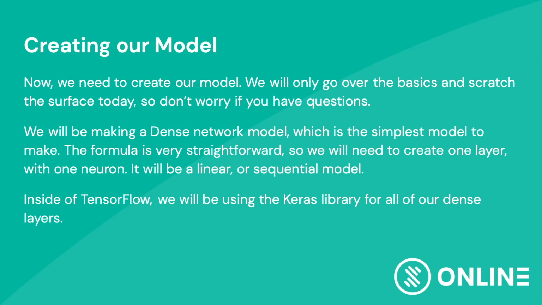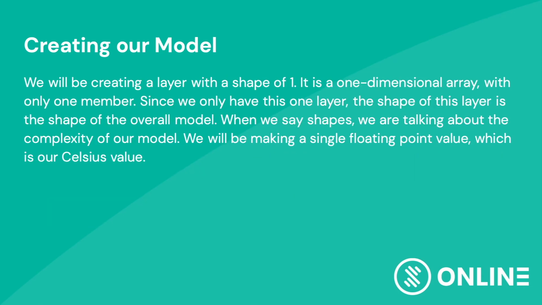Inside TensorFlow, we're using something called the Keras library for all of our dense layers, and it makes it a lot easier. We're going to be creating a layer with a shape of 1. You really have to kind of visualize how it would look. A shape of 1 basically means it's a one-dimensional array with only one member, which would be our neuron. Since we only have one layer, the shape of the layer is the overall shape of our model.